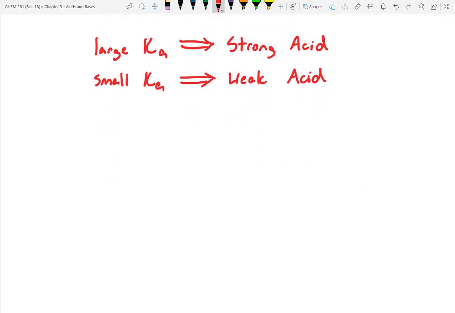All right, so let's take a look at a few examples. Let's consider HCl plus water. And in this case, I'm actually going to draw out the Lewis structure for each of these. And we've got these equilibrium arrows.